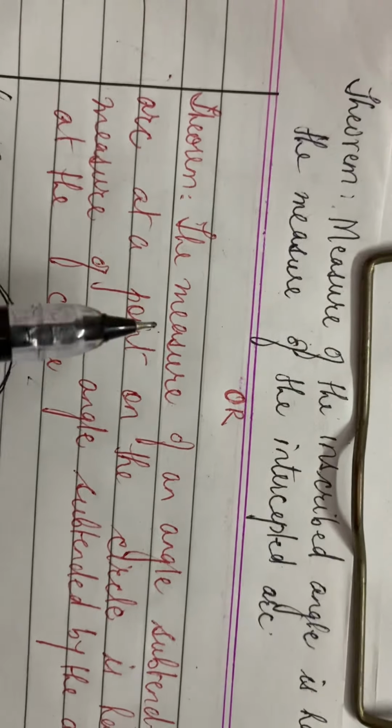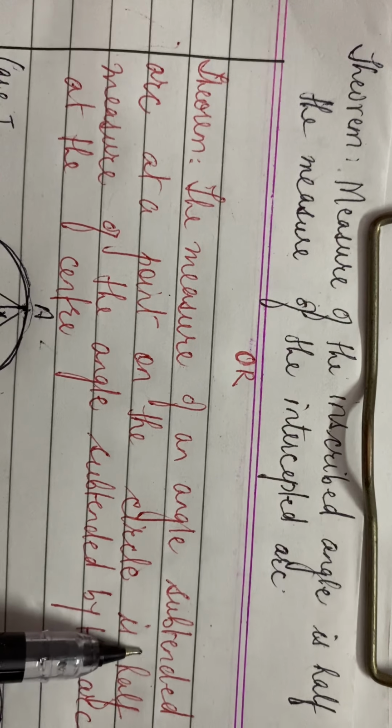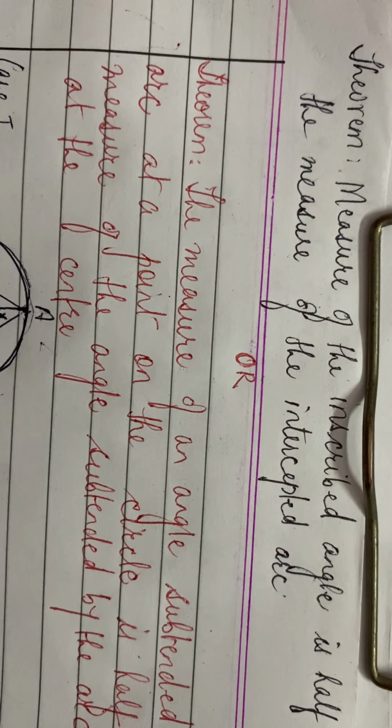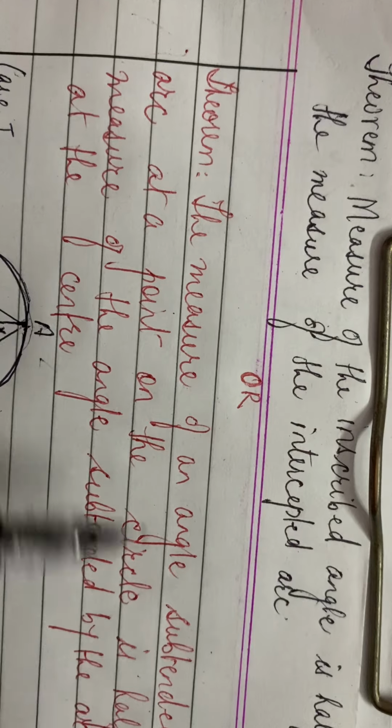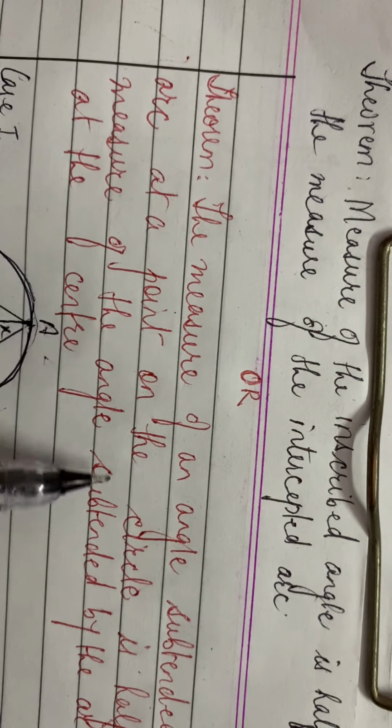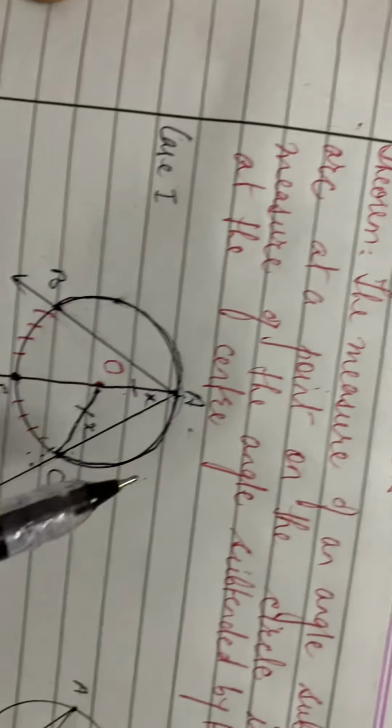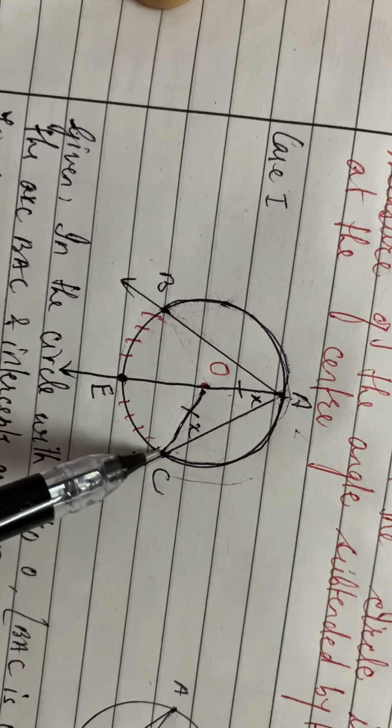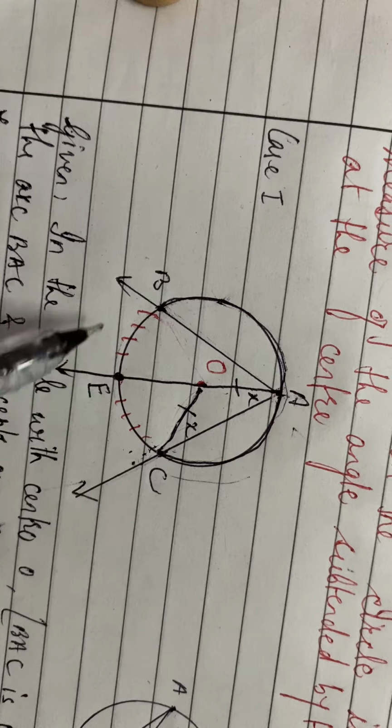The same theorem can be put in another way. The measure of an angle subtended by an arc at a point on the circle. Now see, the measure of the angle subtended by which arc? Subtended by arc BEC.